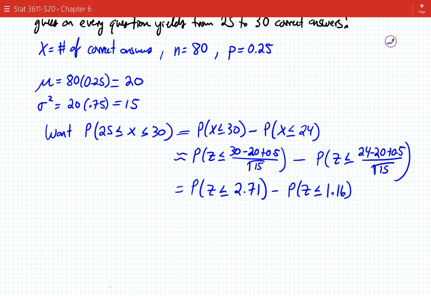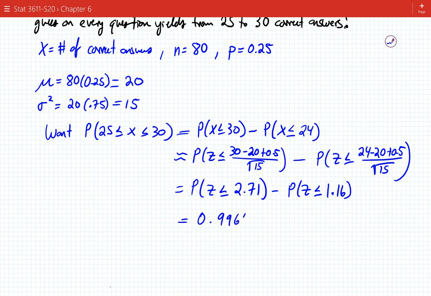So if it's not exactly 2.71, if it's 2.711, we can just round that to the nearest hundredth. So round that to 2.71, for example. And so we can look up 2.71 in the standard normal table and the 1.16 as well.